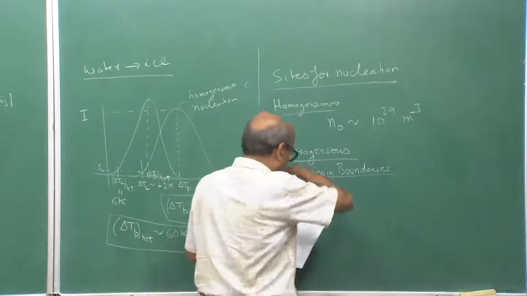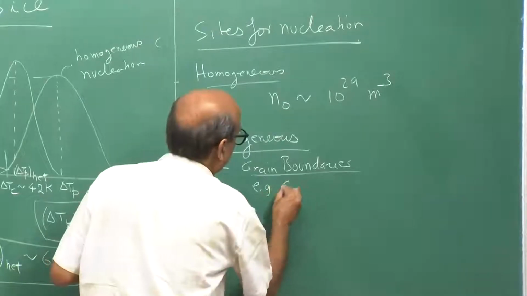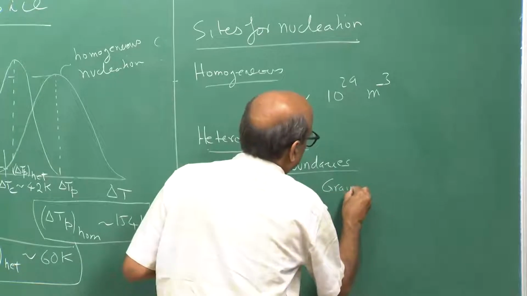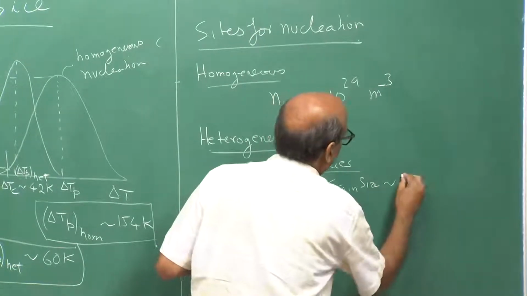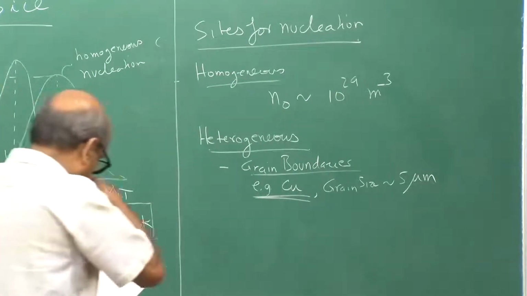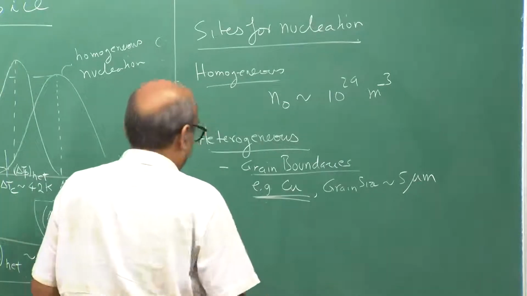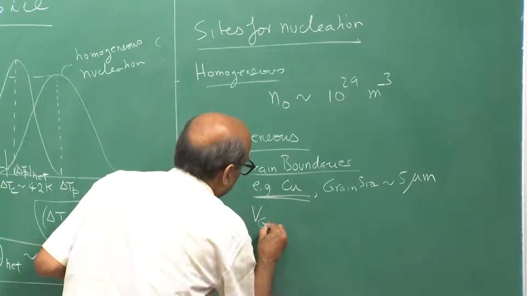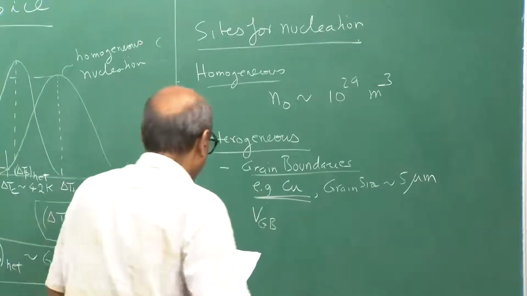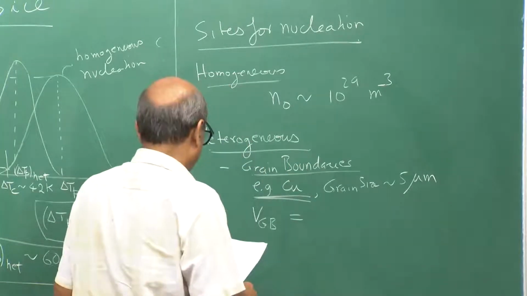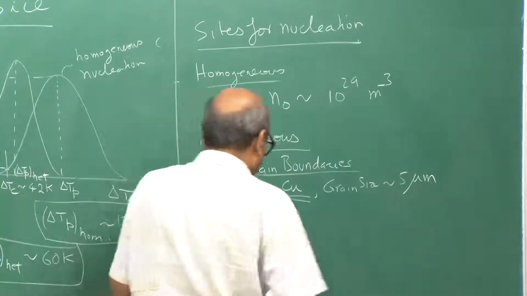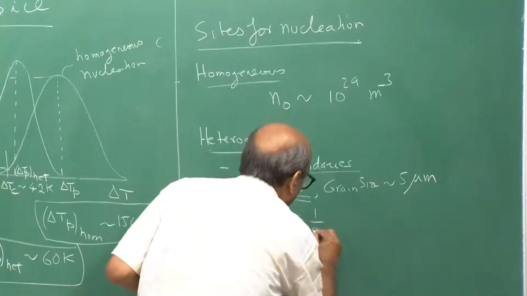For example, consider case of copper. Let us say the grain size is about 5 micrometers. Then first figure out what is the total volume of grain boundaries present. So, volume of grain boundaries that would be present in a unit volume of the material would be inversely proportional to grain size.